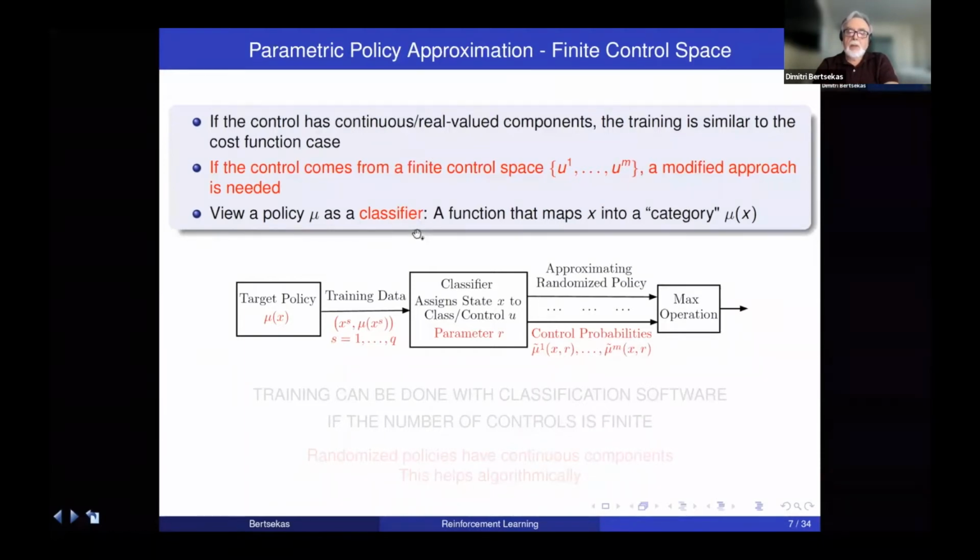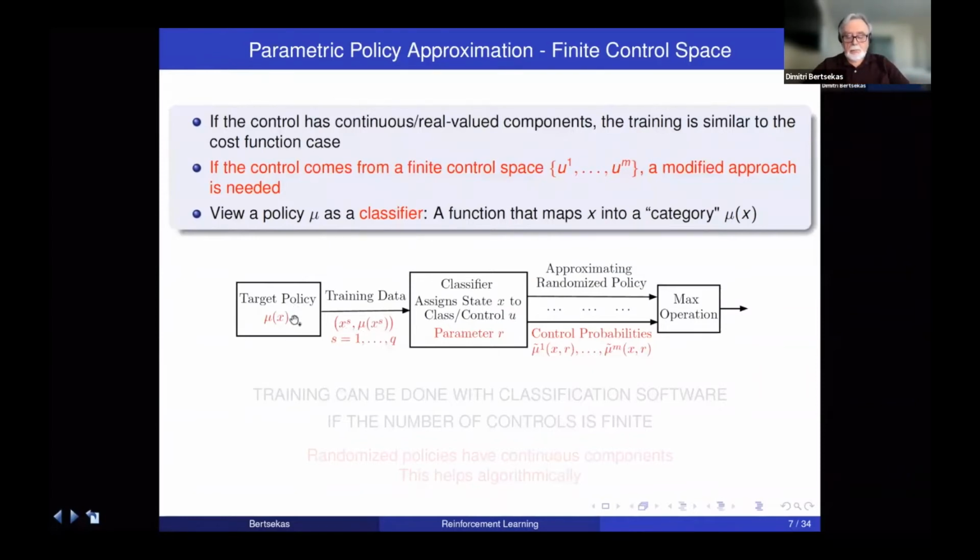The way this will work is shown here in this picture. We have a target policy, mu, and we collect training data from it: state control pairs, a collection of states x1 up to xq, and the corresponding controls from the target policy.